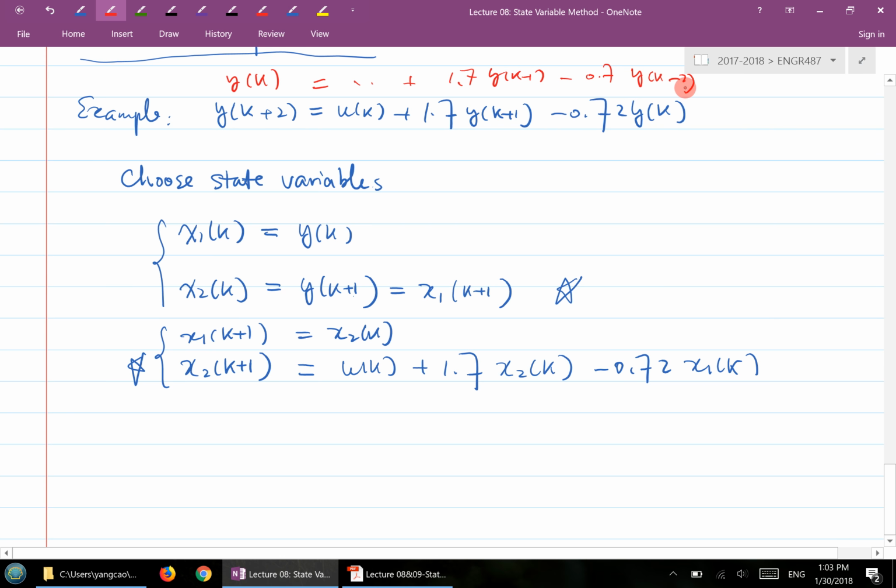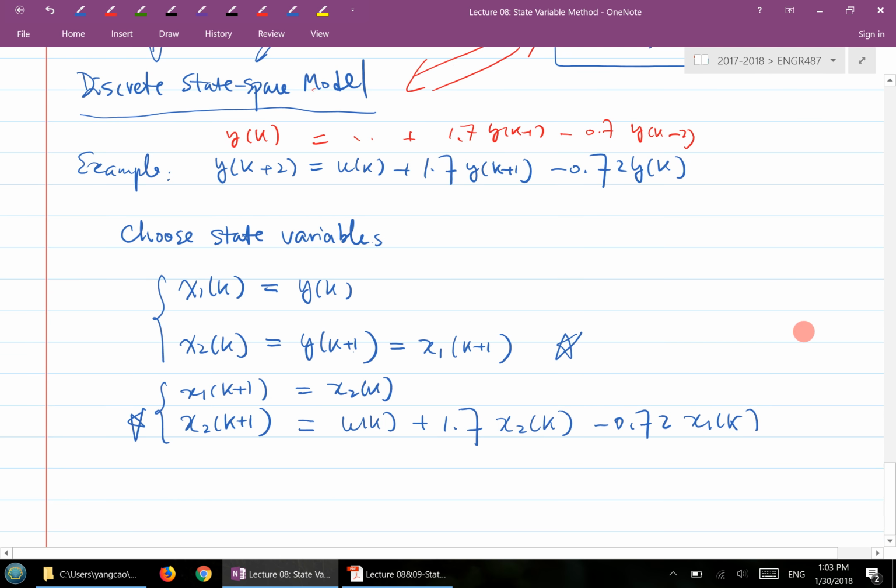Is it still two different states? Then I would explain it's different now. If I write it this way, I have my past y of k minus 1 and y of k minus 2, and then I can calculate my current y of k. You see what I'm saying, right?